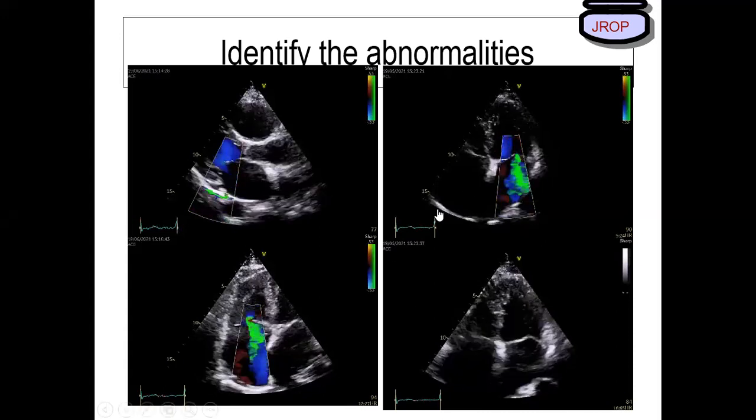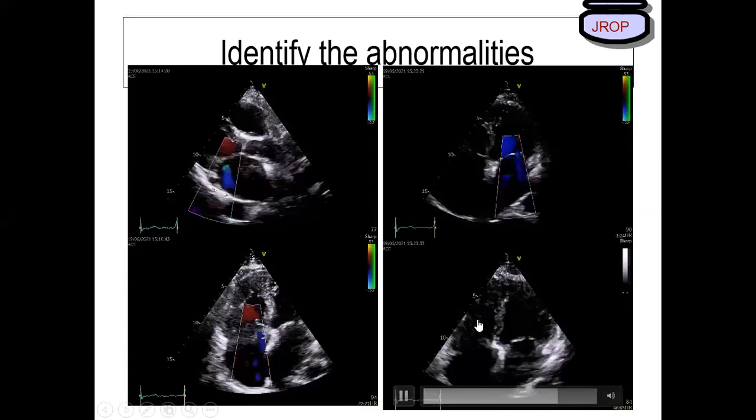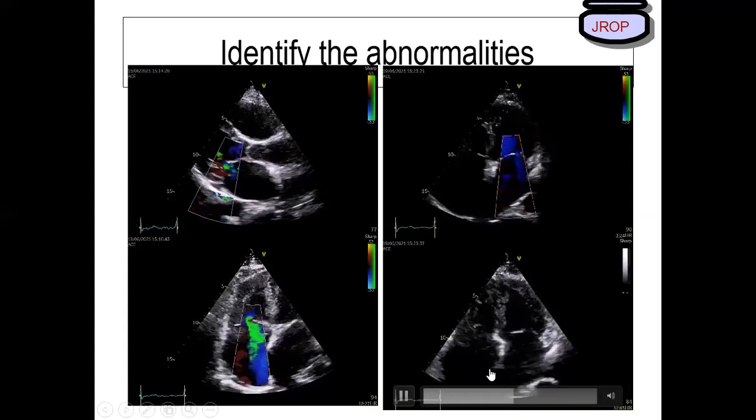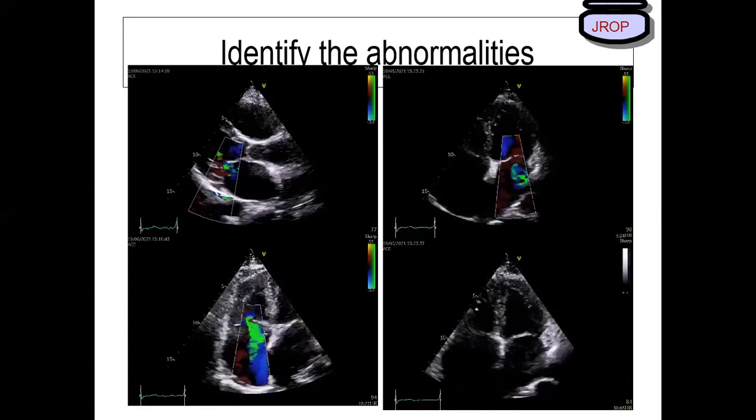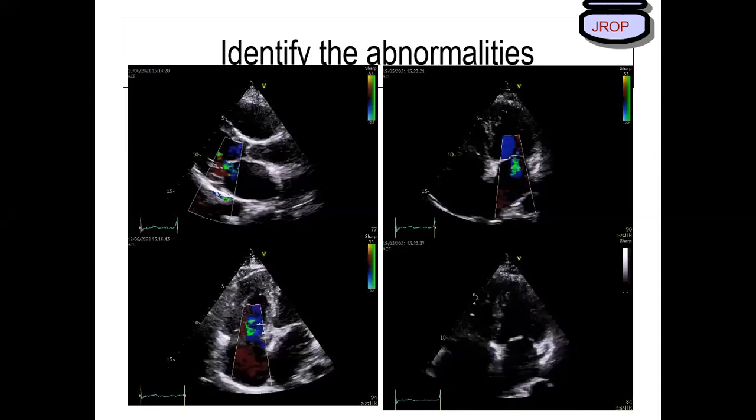So what do you think this patient is suffering from? Concentrate on this slide where LV, RV, LA, RA, all 4 chambers are dilated. LV is not dilated, man. Not much, yeah. RV is also not dilated. Restrictive cardiomyopathy. Somebody is giving you a hint, man. I heard that.